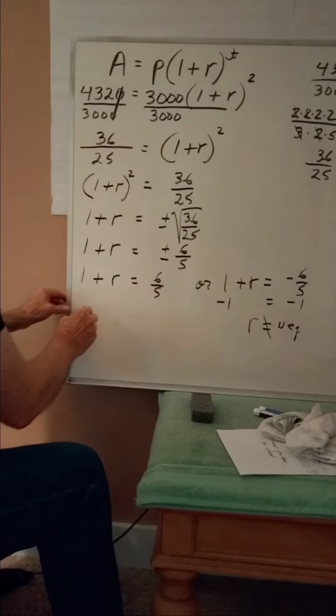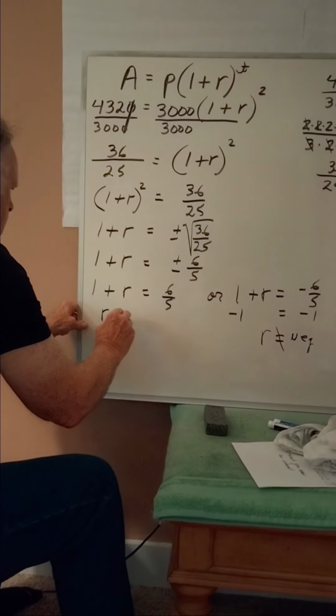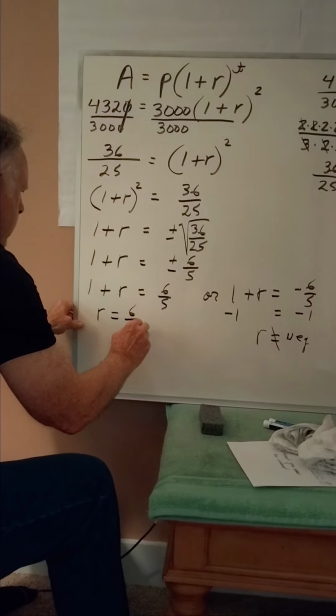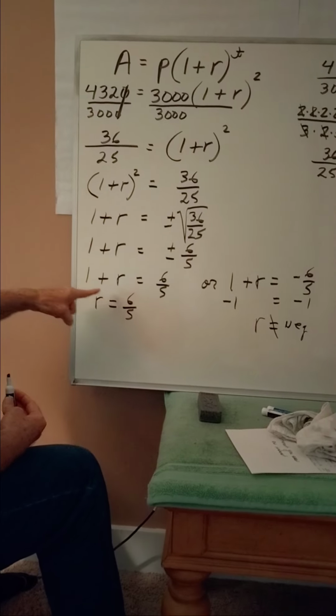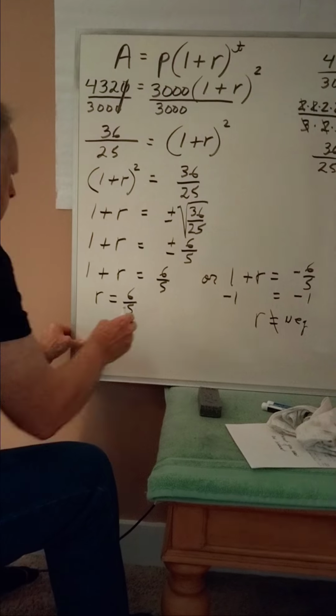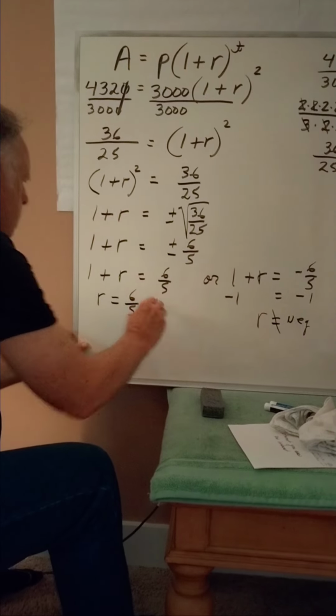This one right here, we'll bring down the r and let it equal 6 over 5, and we'll move this 1 over to the other side, and when we move it over, it'll change its sign.